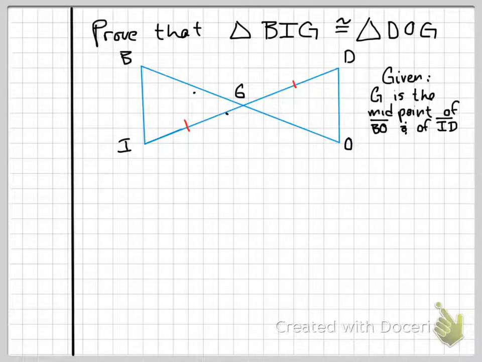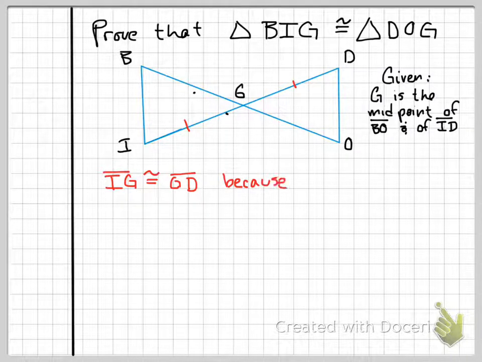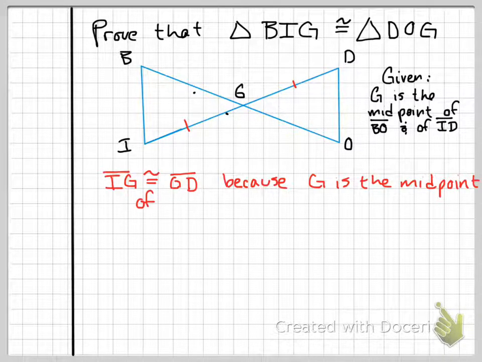So I'm going to say that segment IG is congruent to segment GD because G is the midpoint, or the middle point, of segment ID.